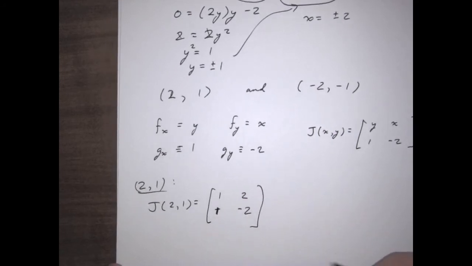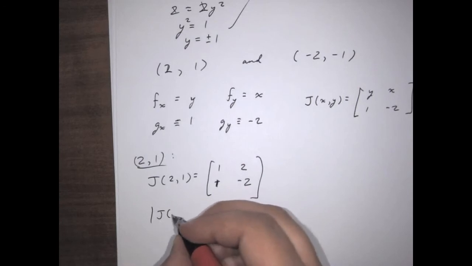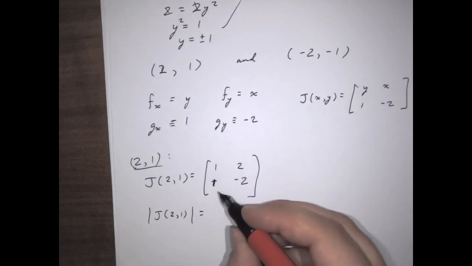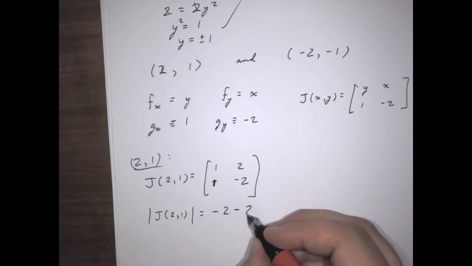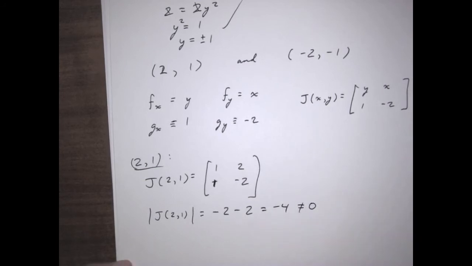Now first confirm the determinant is not equal to 0. So that's equal to negative 2 minus 2, so negative 4, which is indeed not equal to 0.